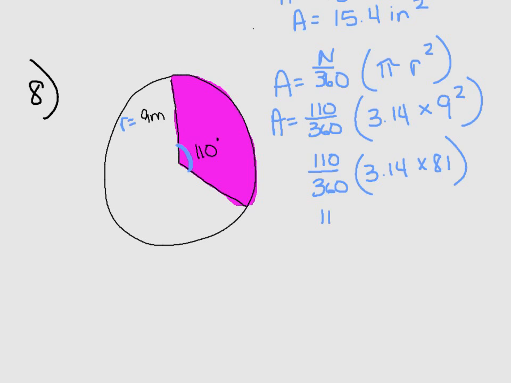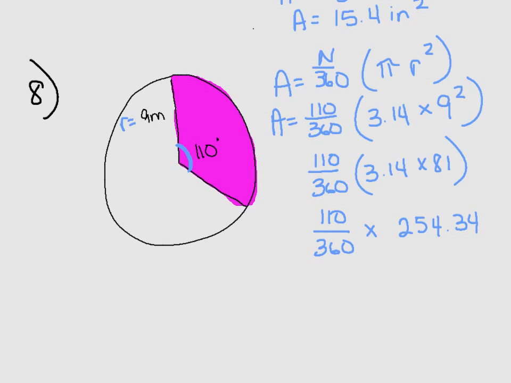We're going to multiply like this, times 254.34. In your calculator, put in 110 divided by 360 equals, and you'll have 0.30 and a string of 5s.